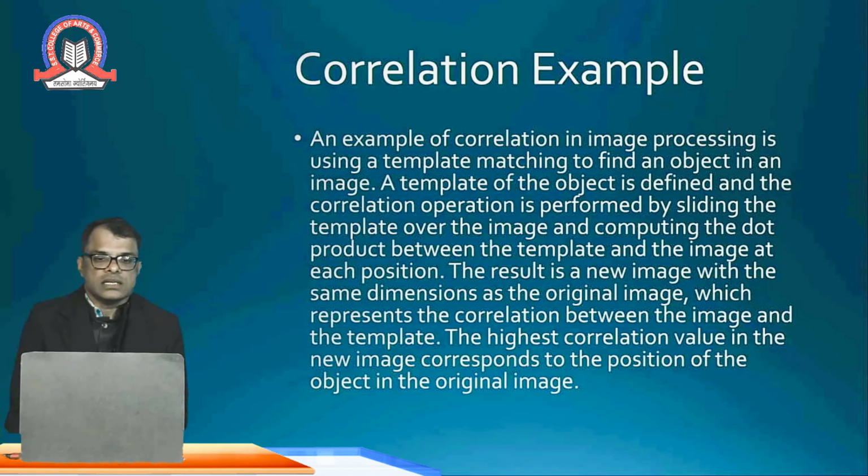The result is a new image with the same dimension as the original image, which represents the correlation between the image and the template. The highest correlation value in the new image corresponds to the position of the object in the original image. So here basically we are going to compare the image with the given template.